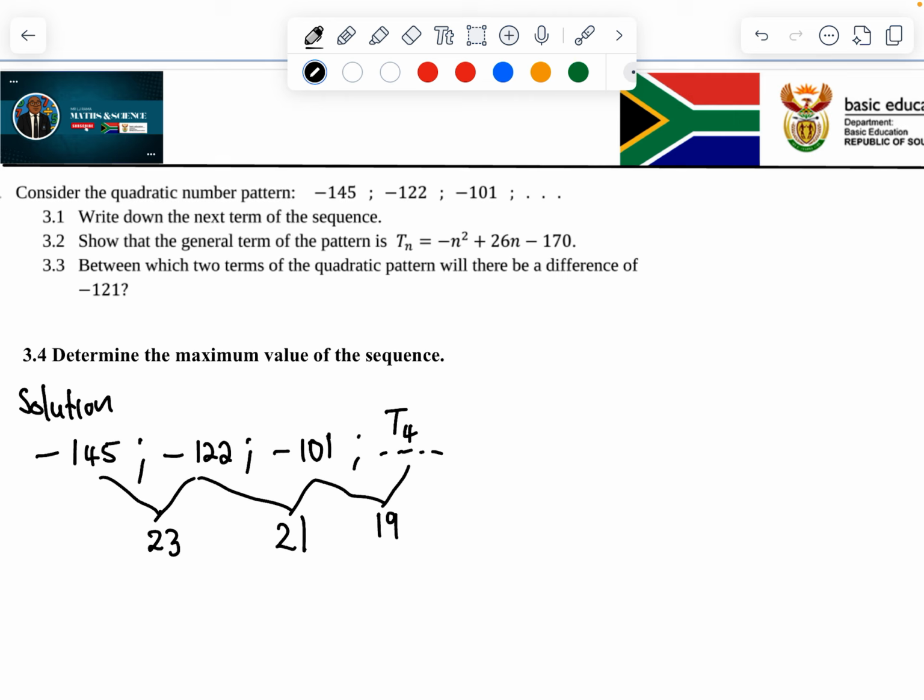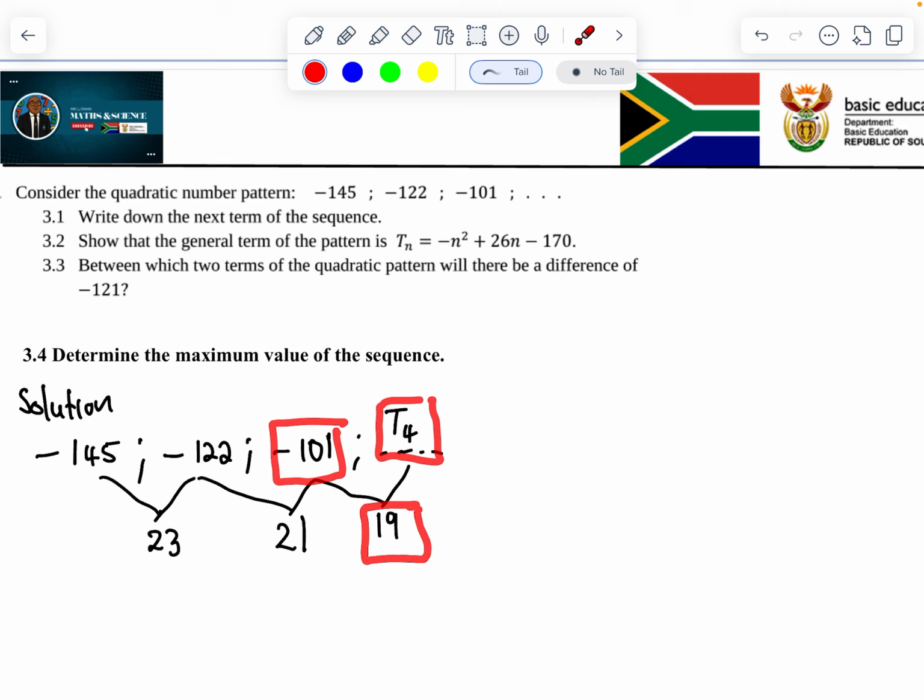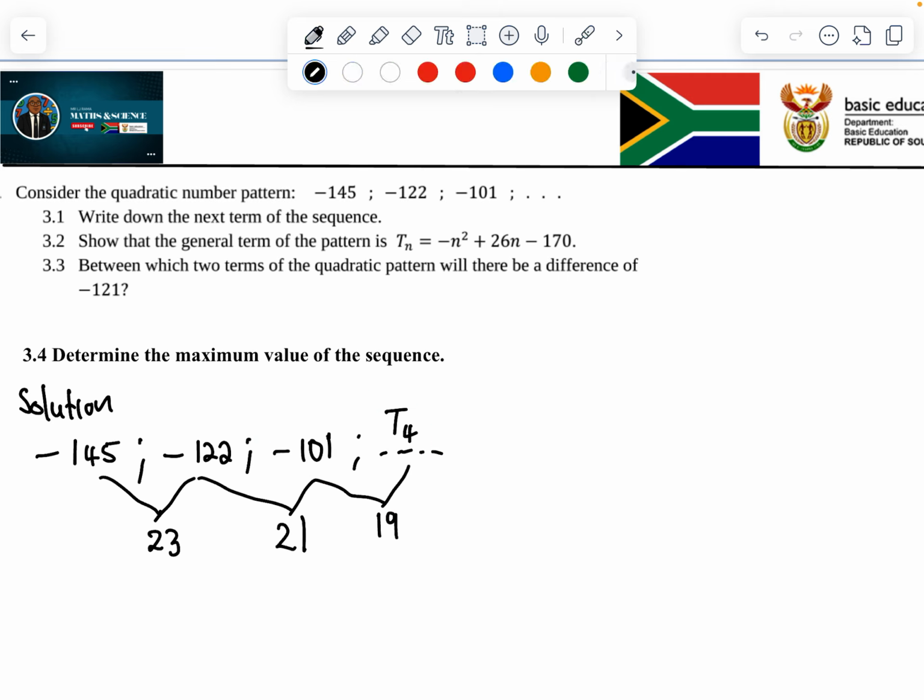Then we're going to work in reverse. We'll say T4 minus -101 must be equal to 19. So we have T4 minus -101 equal to 19. Then this will be T4 plus 101 equal to 19.